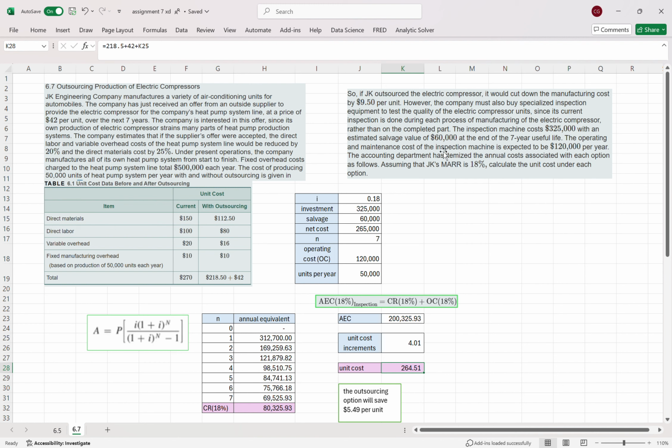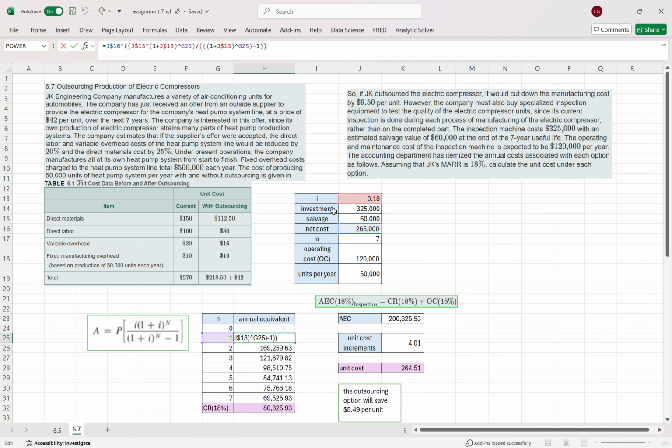So we are asked to find the unit cost for these special conditions. So I got the first table. For the first table, I used the same capital recovery formula, and I set up as my P the difference of the inflow with the outflow.